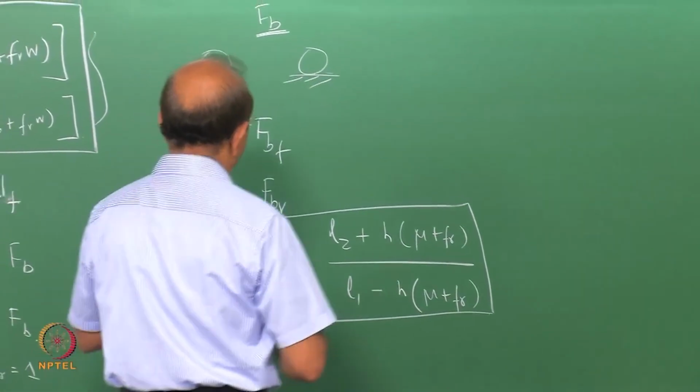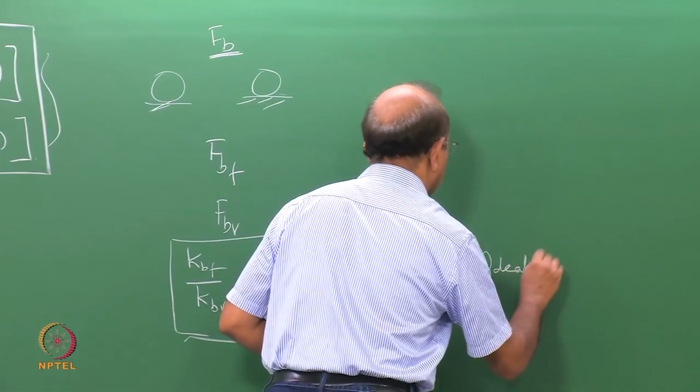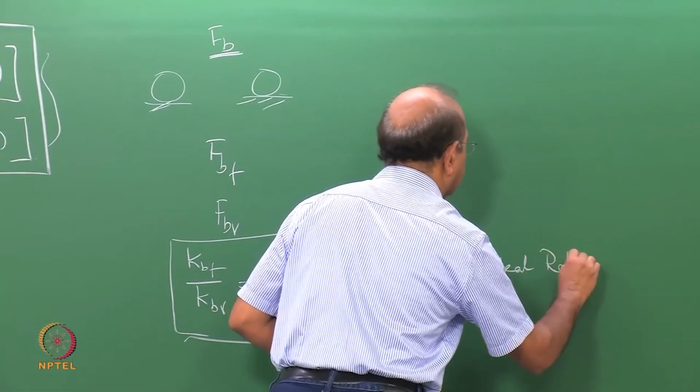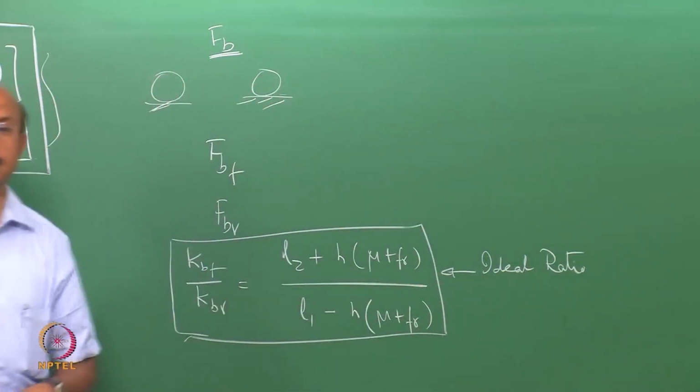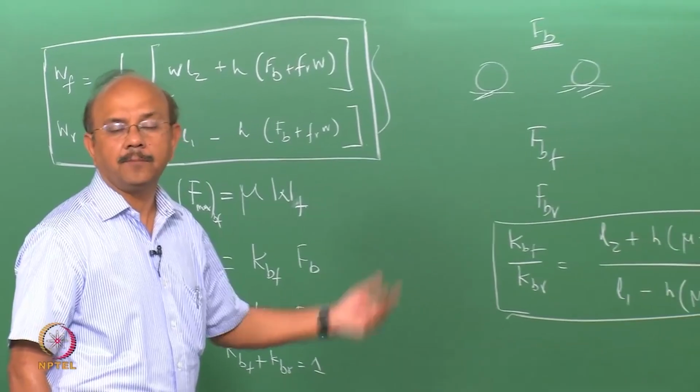Why? Though we say that this is the ideal ratio, it is not a constant, even for a vehicle, and definitely would vary from one vehicle to the other. Why would it vary for the same vehicle, for example?